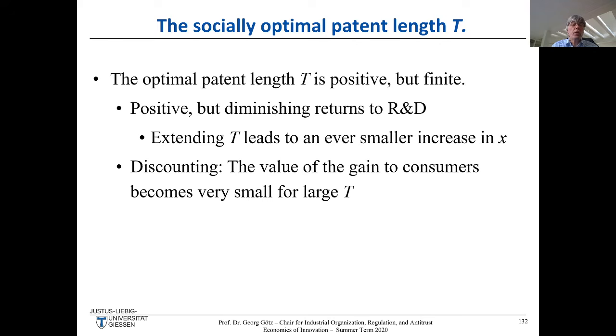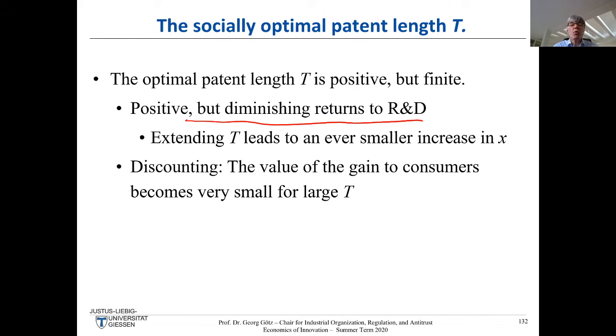What we can say at this very general point is that the optimal patent length T is positive, because otherwise with a T of 0 you don't get any R&D, and that's bad, of course. But it's not infinite, it's finite, and that's due to these positive but diminishing returns to R&D.